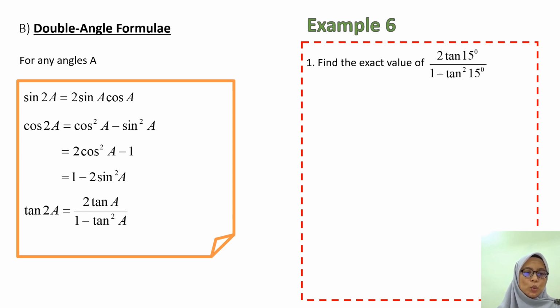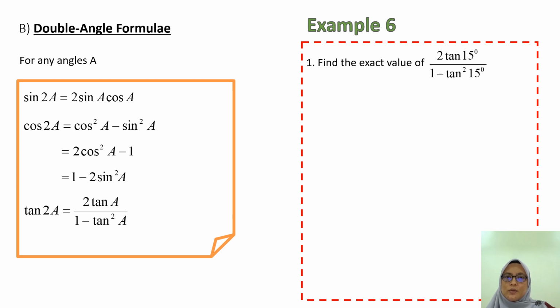So then tangent 2A is equal to 2 tangent A over 1 minus tangent squared A. So double angle formula ni kita boleh dapat ataupun kita boleh derive daripada compound angle formula juga sebenarnya. So dekat sini saya tak akan tunjuklah macam mana awak akan dapat dia punya double angle formula tu.